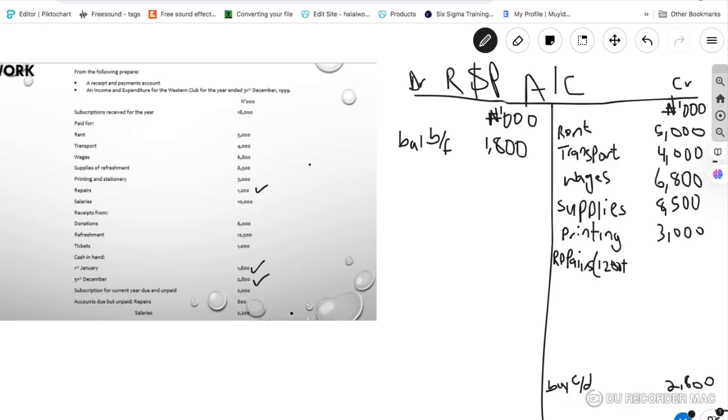We have repairs accrual of 800,000. So we're going to add the 800,000 to it, which should give us 2 million.